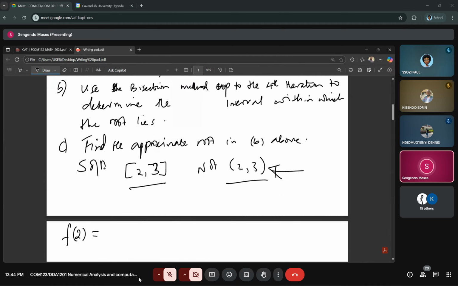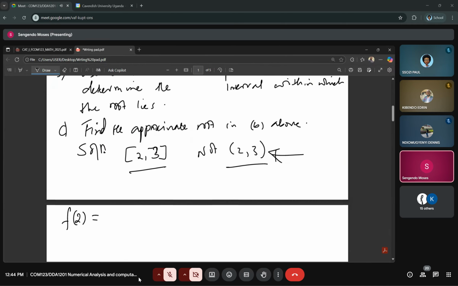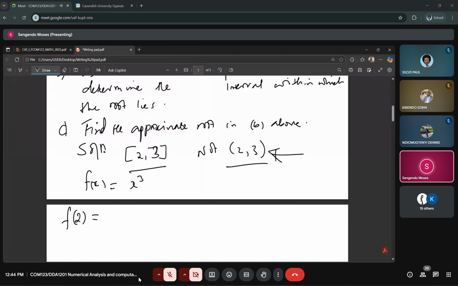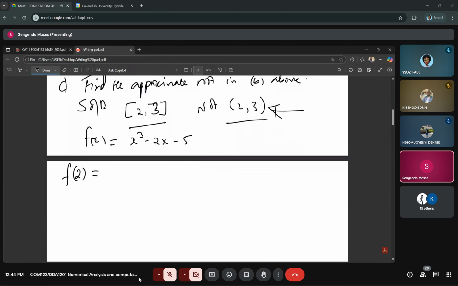By f(2), we mean that we substitute 2 in the function. The function, if we can recall, f(x) is x^3 minus 2x minus 5. Then we substitute 2, so we have 2^3 minus 2.